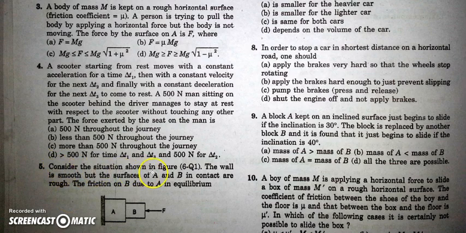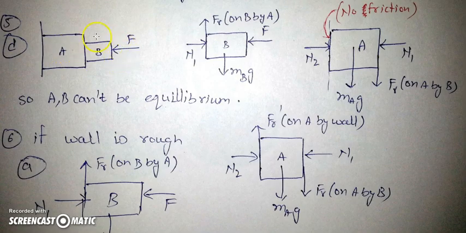In the next question, the wall is smooth but the surfaces of A and B in contact are rough. We need the friction on B due to A in equilibrium. So this is the FBD of the question. This is the FBD of block B, in which the applied force, normal reaction, and weight are shown. If B has to be in equilibrium, then the friction on B by A must be in the upward direction.